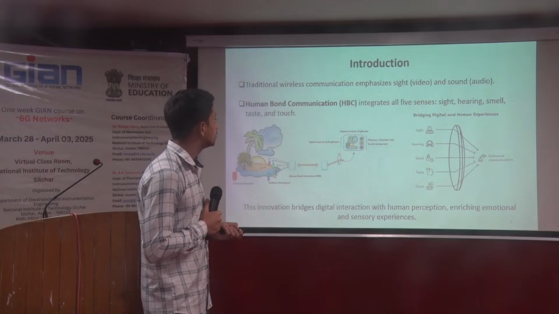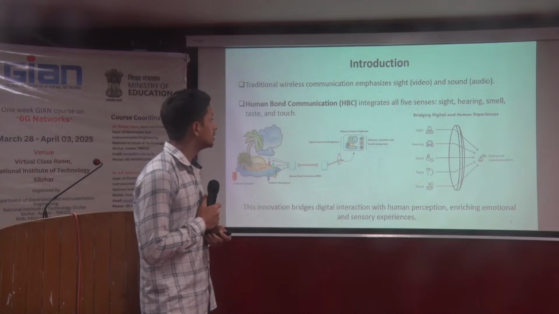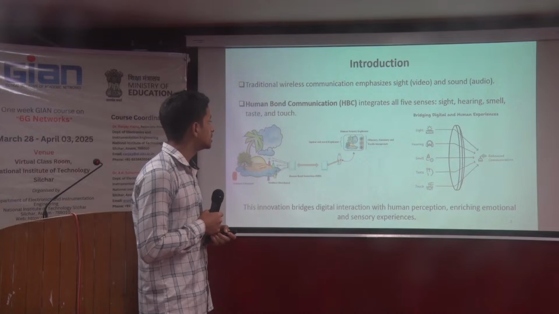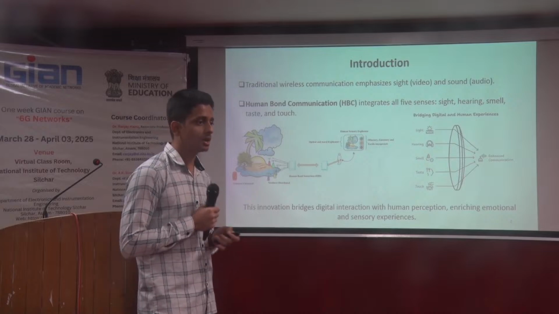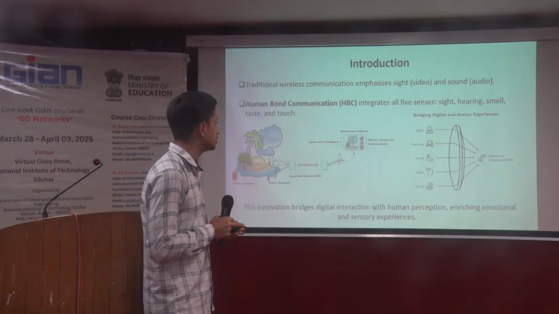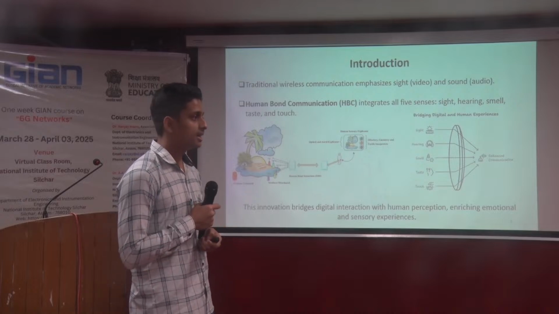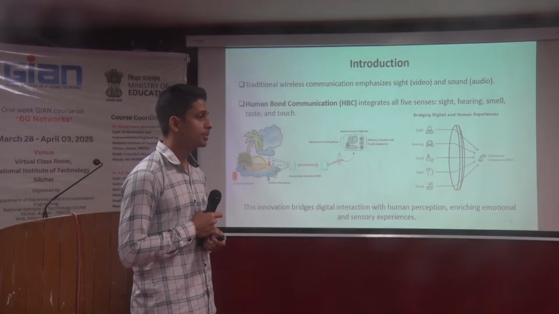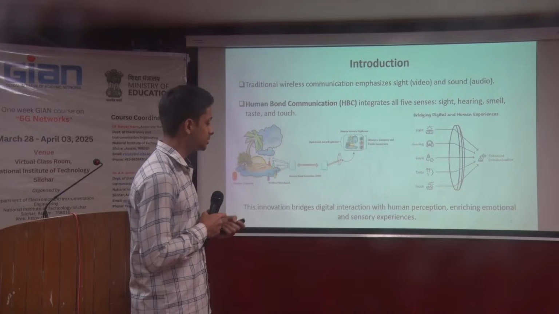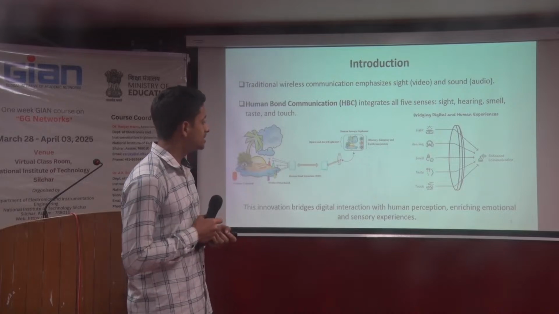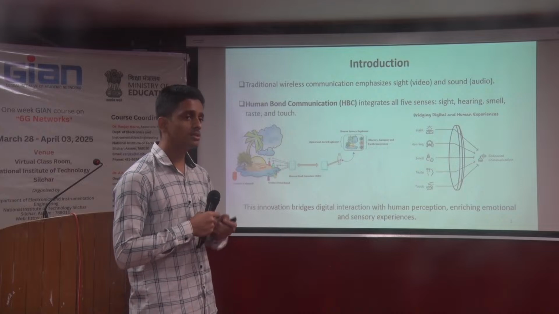If I talk about digital and human experiences, there are basically five senses of communication, for eyes, ears, nose, smell, and touch, which provide us an enhanced communication and help us with a distributed network and a basic understanding of the communication going on around us.